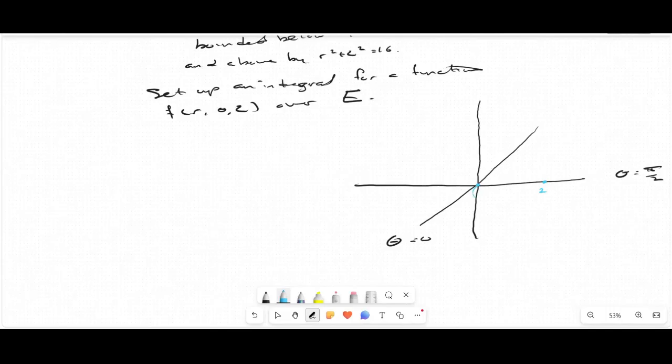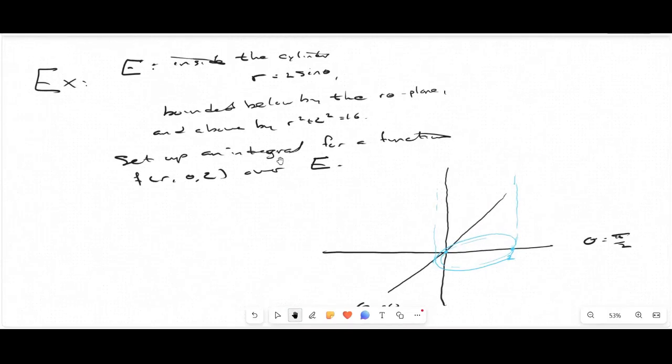I see a circle in this direction, going up. We don't really have to go down, but I'm just going to leave it like this for now. So that right there is the cylinder, and we need to be inside this cylinder.